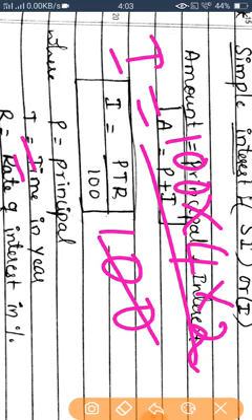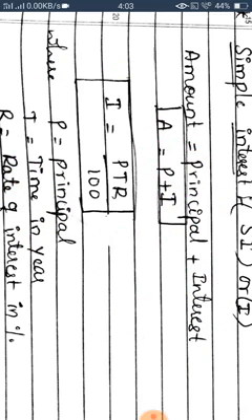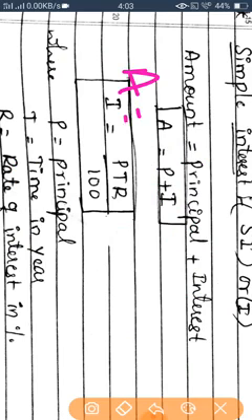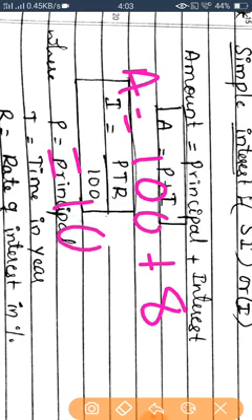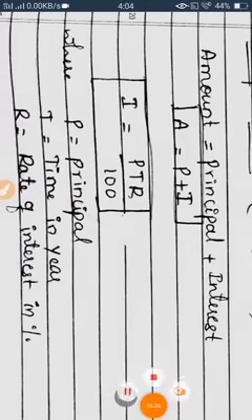So 100 gets cancelled, 4 2s are 8, so interest is 8 rupees. Then total amount, how much I should give? The 100 principal I should give back, and an extra 8 rupees. So 108 rupees after 4 years we have to give. This is simple interest. We came to know it in a very short way, so directly we can go for the exercise.